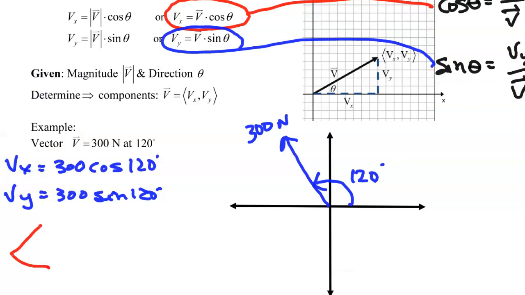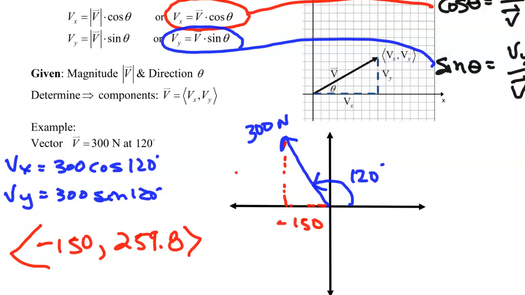So my result is negative 150, comma, 259.8. You want to draw this on here? Negative 150 and 259.8. That's what I mean by the x and y component.